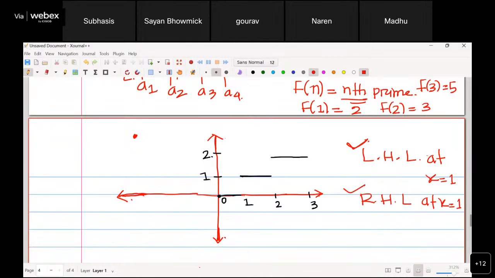I have to check these two things, and then check if the left hand limit is the same as the right hand limit. Then the function has a limit at x equal to 1.